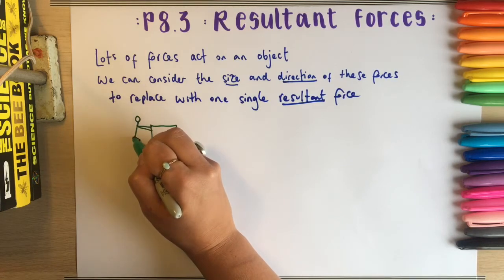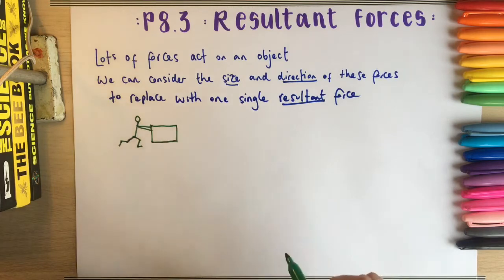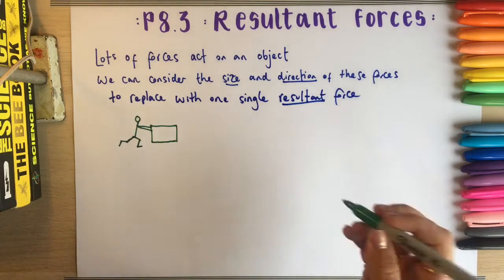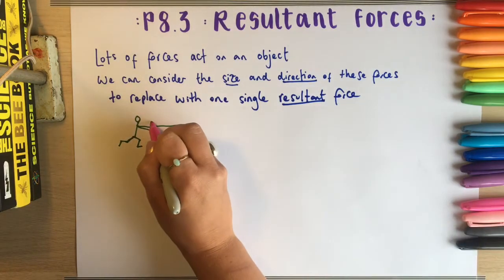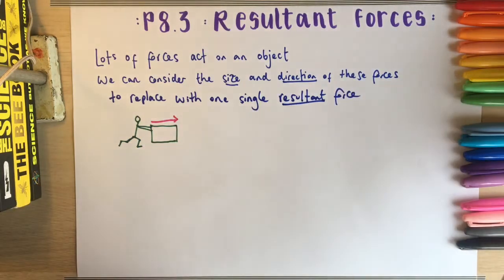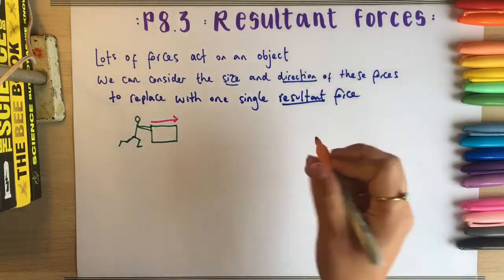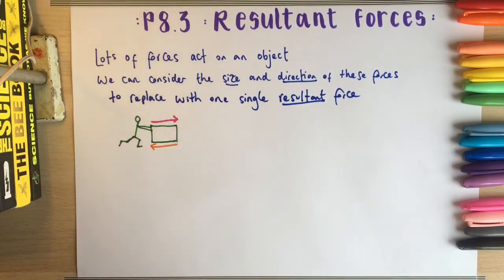We know that my art skills are terrible. Okay, they look like they've got a broken leg, but never mind. So we've got somebody pushing a box, and we're going to say that they are pushing forwards with a force, and there is a force acting in the opposite direction, which in this case would be friction.